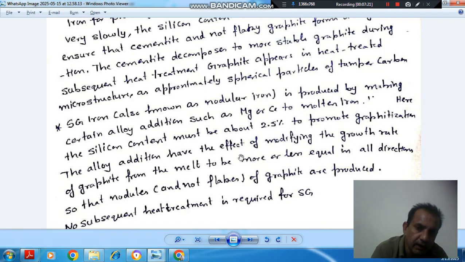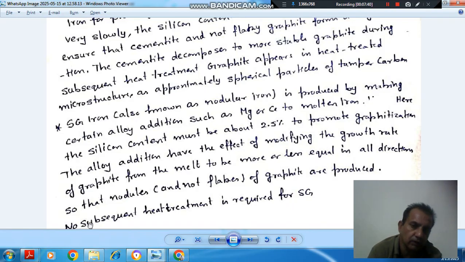The alloy additions have the effect of modifying the growth rate of graphite from the melt to be more or less equal in all directions, so that nodules and not flakes of graphite are produced. No subsequent heat treatment is required for SG.